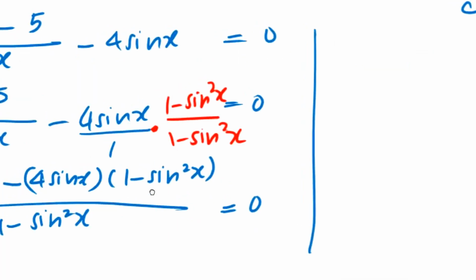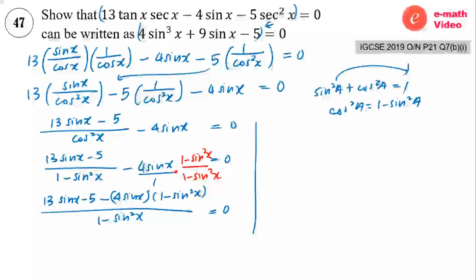equals to 0. To simplify, we expand the bracket first. 13 sine x minus 5 minus 4 sine x. Then minus minus becomes plus, and sine times sine square becomes sine cube.